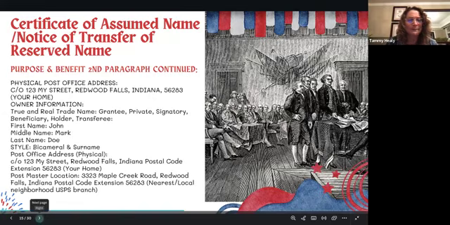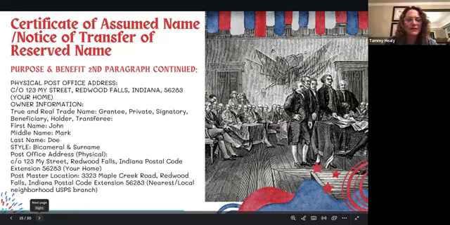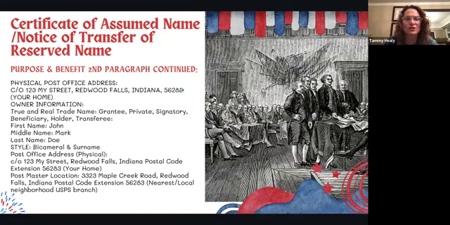Go ahead, Nelson. Just a quick question. Do you have to write that owner information on the envelope? No, the true and real trade name, this is going over the second paragraph in the certificate of assumed names.